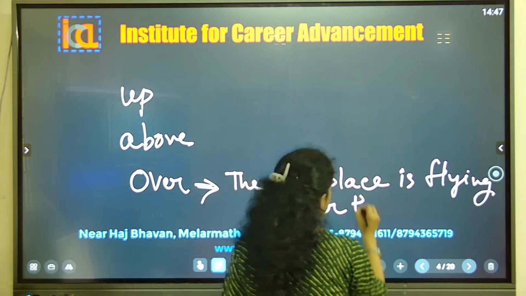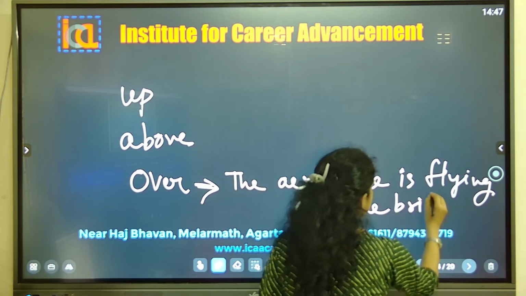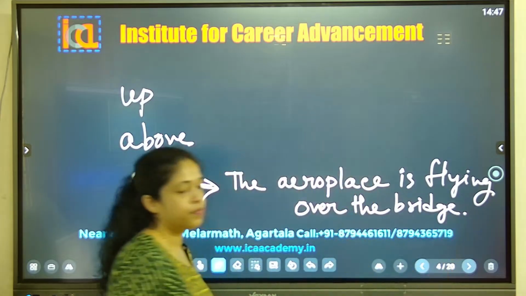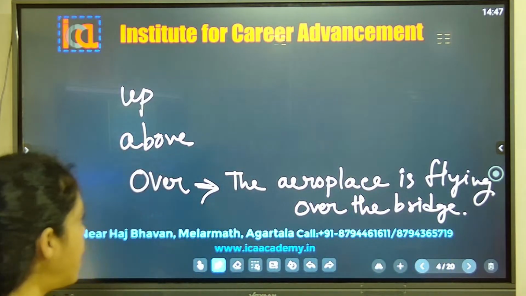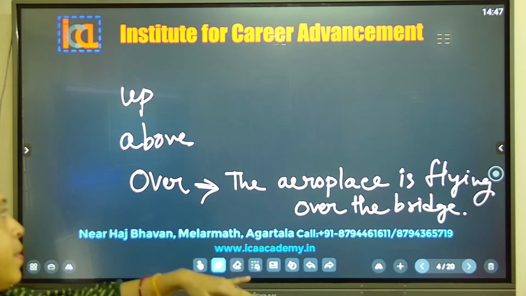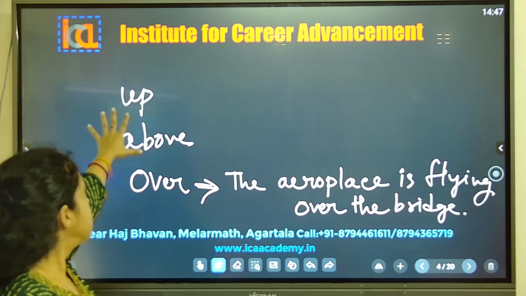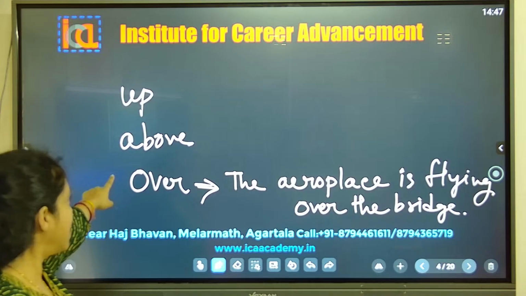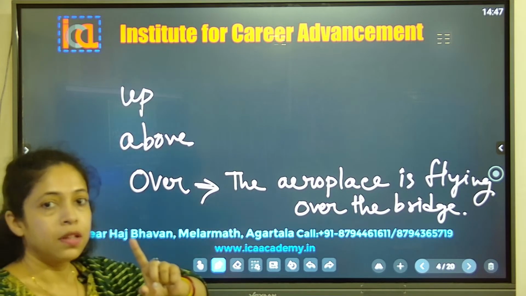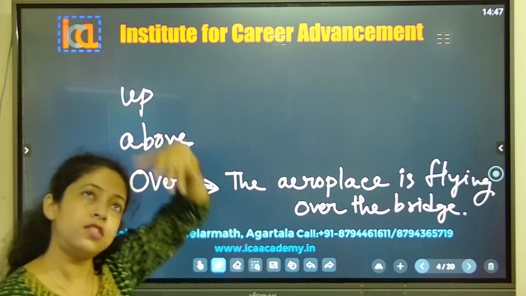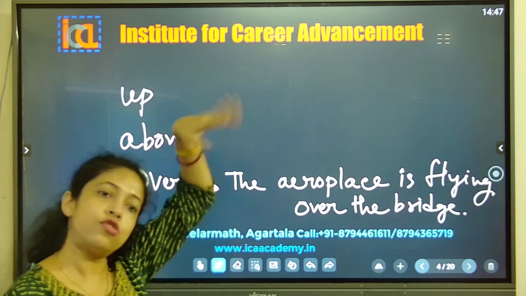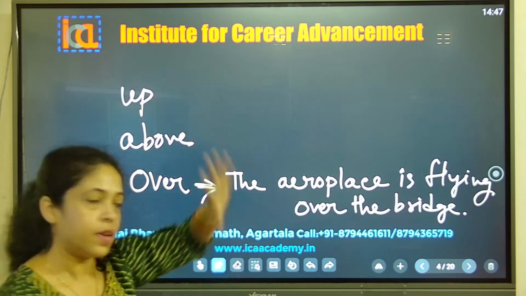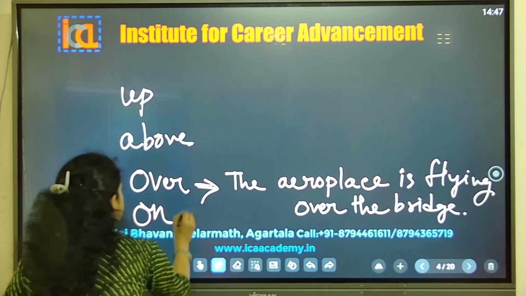See, the aeroplane is flying over the bridge. All these have the same meaning. Up means top, above also top, over also top, and on is also top.